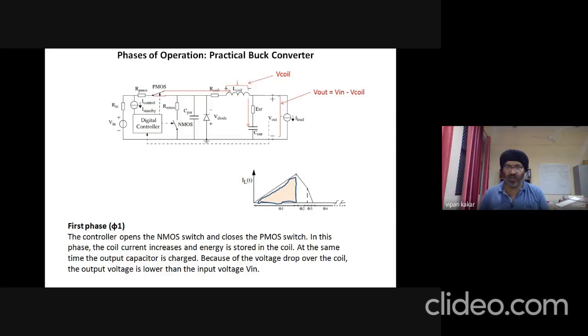So the input voltage minus the voltage dropped at the coil will be received at the output voltage V out. The voltage drop at the coil will take place, and the difference between the input voltage and the voltage dropped at the coil will give us the output voltage, which is less than the input voltage, as we have already seen in our previous slides.